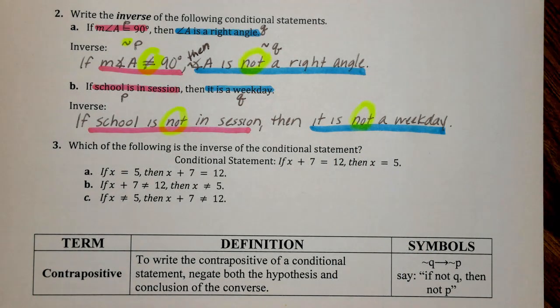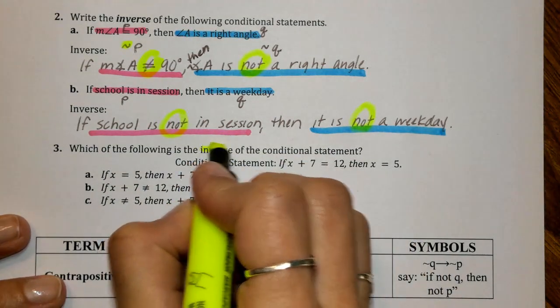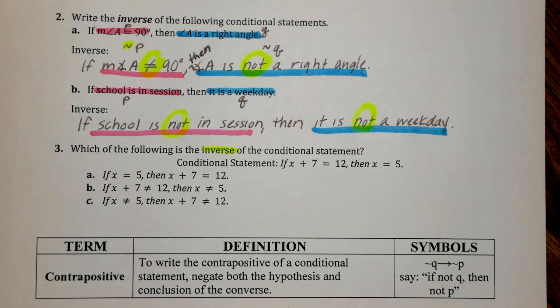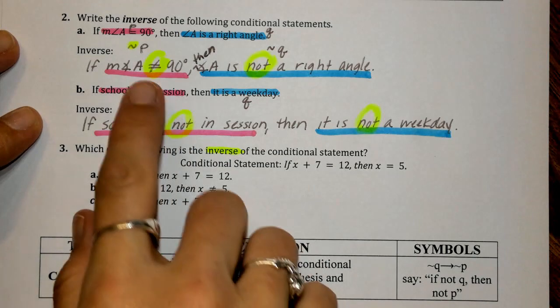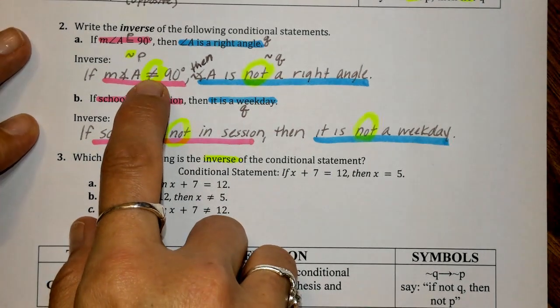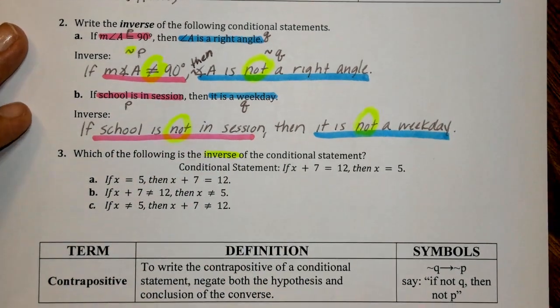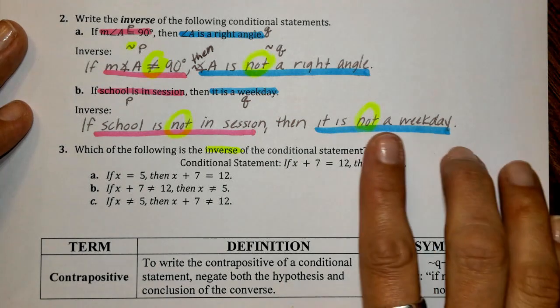We're going to take this next one and we're going to decide which one is the inverse of the conditional statement. If x plus 7 equals 12, then x equals 5. So we need to remember with the equal sign, how we can change it to not equal is simply put the slash in it. Inverse, we are just changing each one.